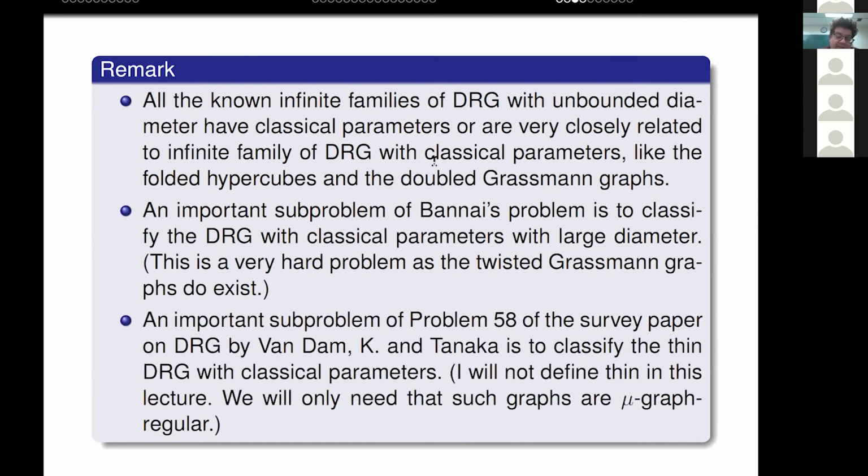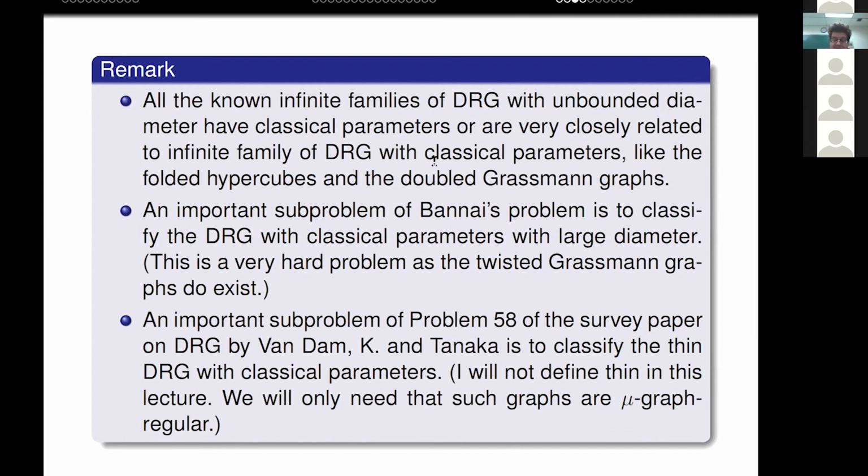Another important subproblem is problem 58 of the survey paper by Van Dam, Koolen, Tanaka, and myself. I already mentioned it before. It is to classify the thin distance regular graphs with classical parameters.